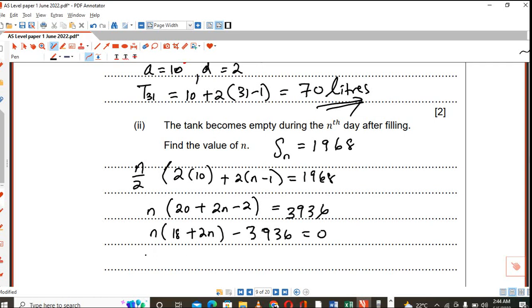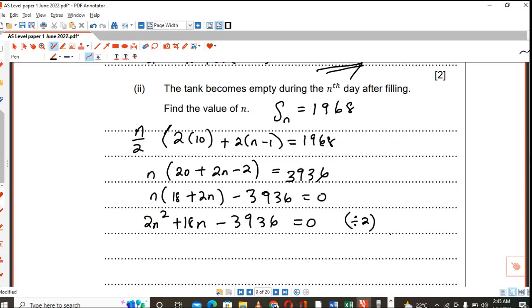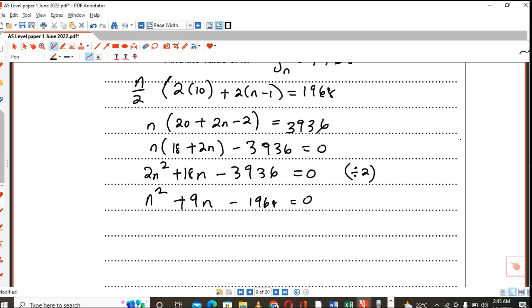So we have got 2n squared plus 18n minus 3936 equals 0. Okay, and if I was to divide this by 2, it will give me n squared plus 9n minus 1968 equals 0.